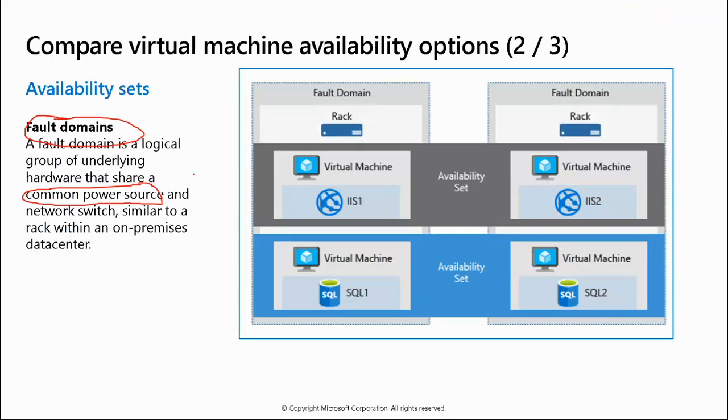No, it is not a good idea. Why? Because what happens if that power fails? All your instances will fail. That's why Microsoft separates your instances into different fault domains. This has one electric power and this has another source of power. In this way, if one fails, you have the other ones, okay?